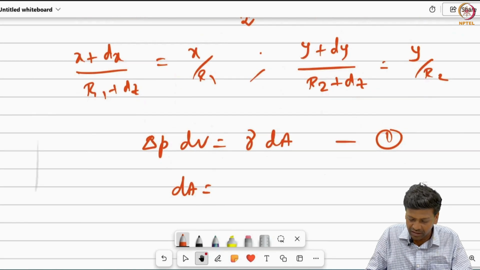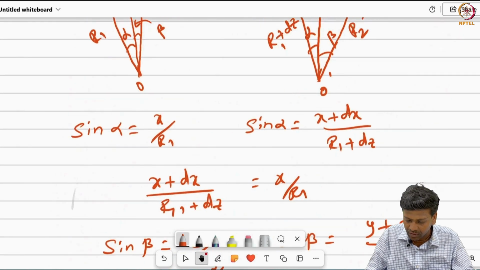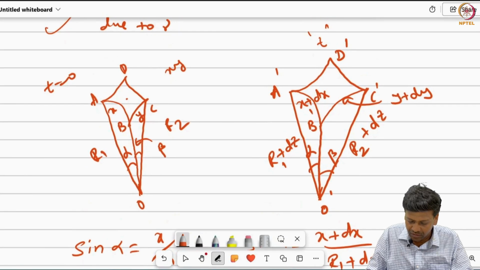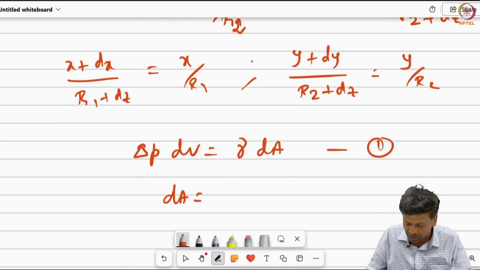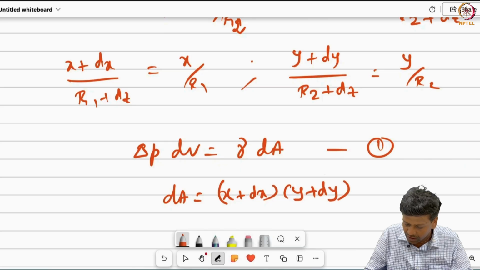We know the change in area because it changed from this geometry to this geometry, right? So then dA will be simply x plus dx into y plus dy minus xy.